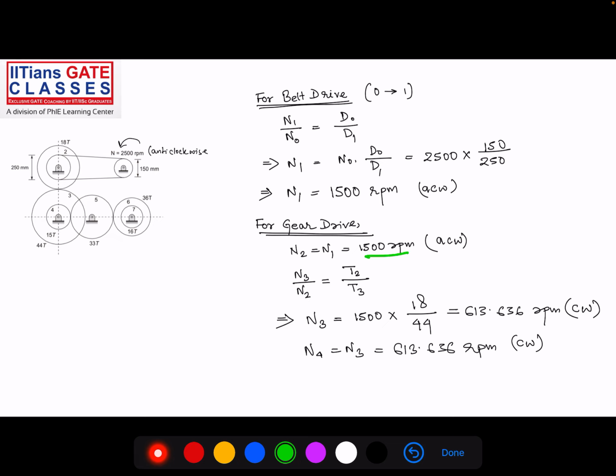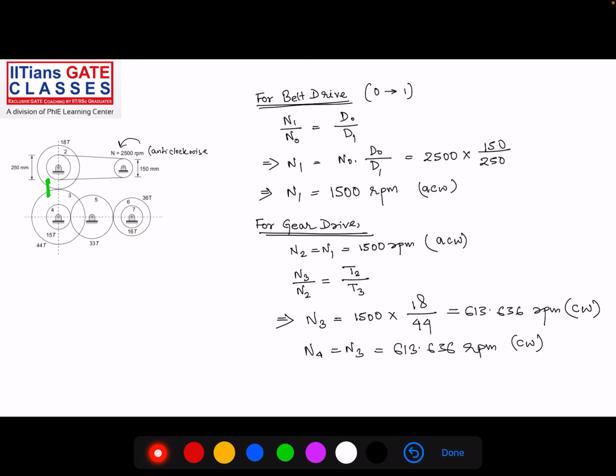Now, for the belt drive, it is an open belt drive, so the direction of rotation will remain the same. If the driver pulley is rotating anti-clockwise, finally the driven pulley will also rotate anti-clockwise.